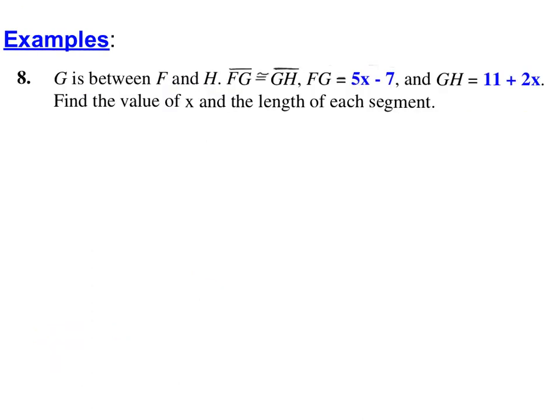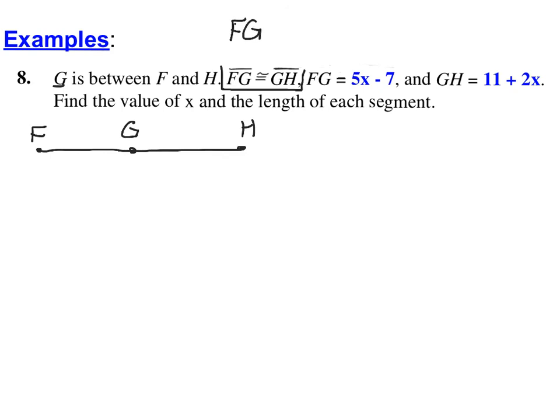So for this next example, let's sketch out a picture of what they're describing. So we have point G between F and H. So G here, somewhere in the middle, and F and H. Now, the next thing they mention is that FG is congruent to GH. Now, remember, this essentially means that they are the same.